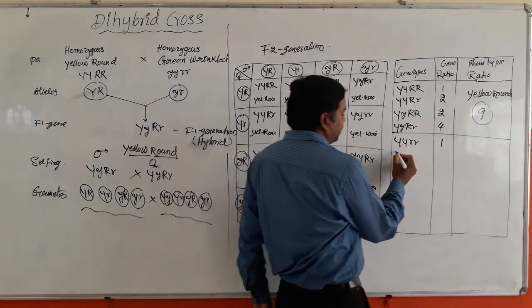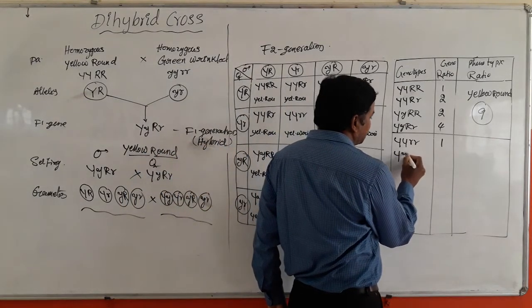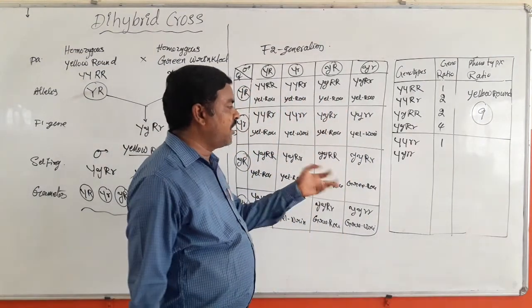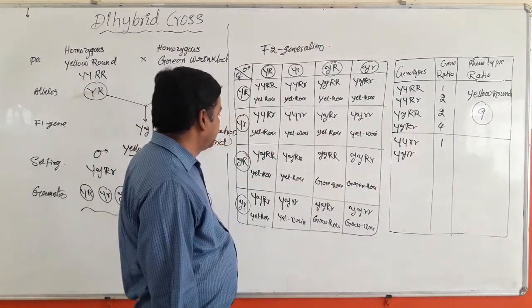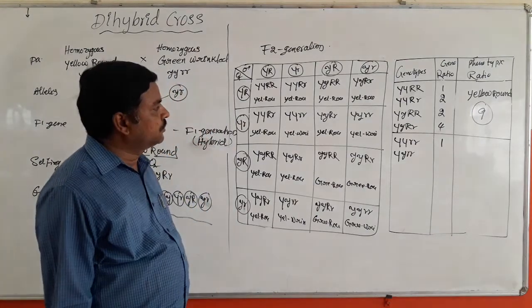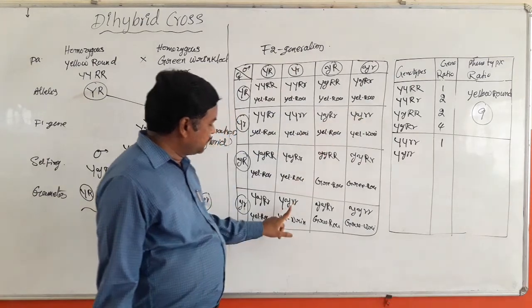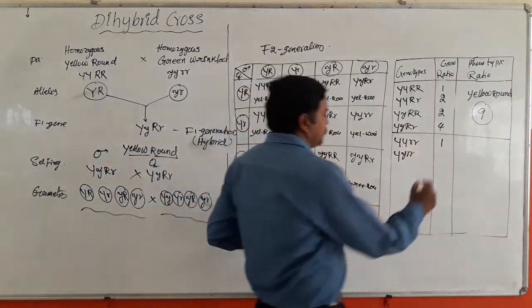And how many of these combinations, capital Y small y, small r small r, are there? That is 2. 1, okay, and second. There are 2.